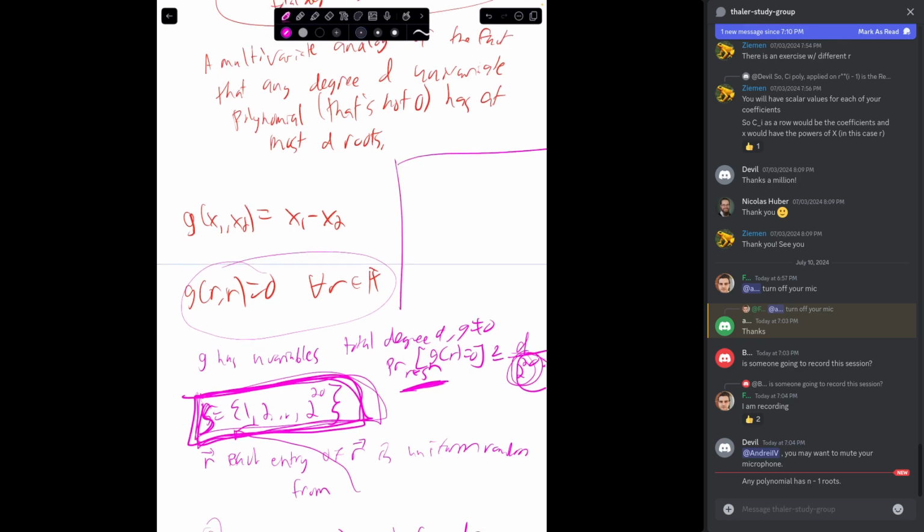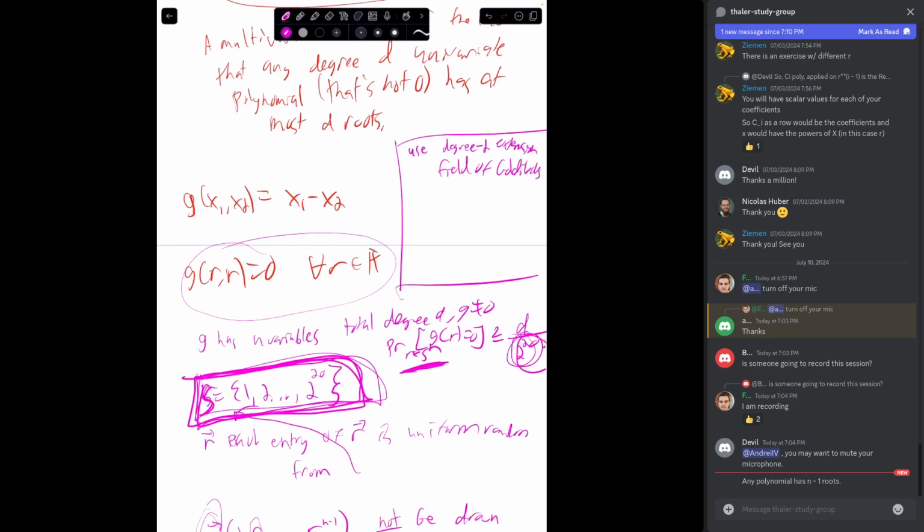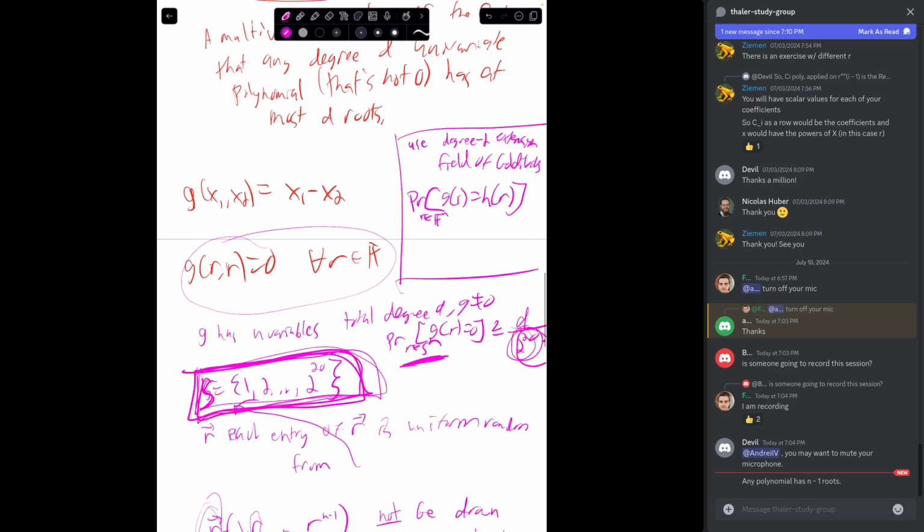basically what they'll do is, when that statement is applied, they will not use Goldilocks itself. They'll use a degree 2 extension field of Goldilocks. So that's really the answer to your question. If you want to apply something like Schwartz-Zippel, R is chosen at random from F to the n, and you look at the probability that G of R equals H of R, when G and H are not the same polynomial.